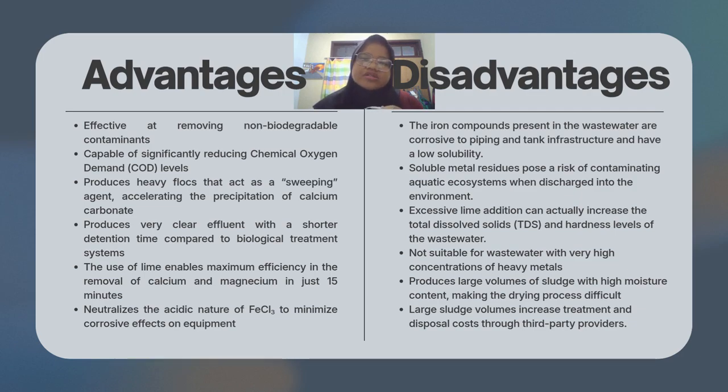It produces heavy floc that acts as a sweeping agent, accelerating the precipitation of calcium carbonate, and produces very clear effluent with a shorter retention time compared to biological treatment systems. The use of lime enables maximum efficiency in the removal of calcium and magnesium in just 15 minutes, and neutralizes the acidic nature of ferric chloride to minimize the corrosive effects on equipment.